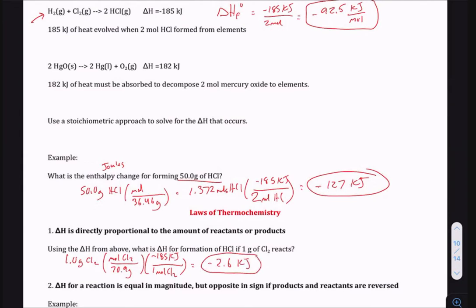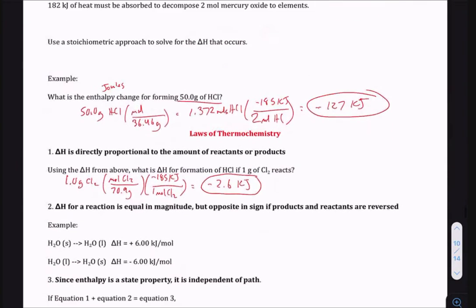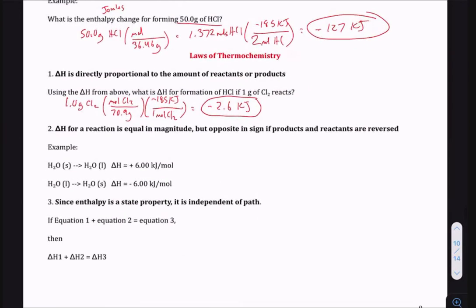So there'll be a release of negative 2.6 kilojoules. That's assuming that's the limiting reactant. Okay, so are you guys okay with the proportionality of heats of reaction? It just means you can use it stoichiometrically. It means it's proportional. That's all it means.